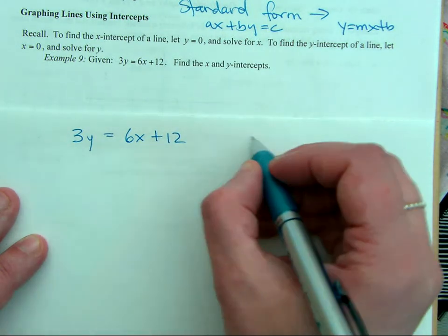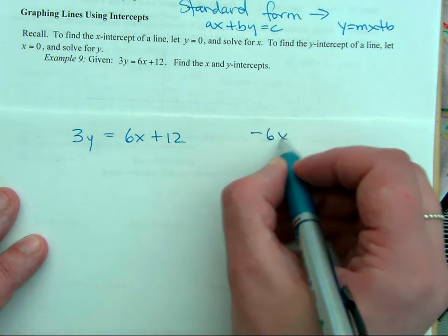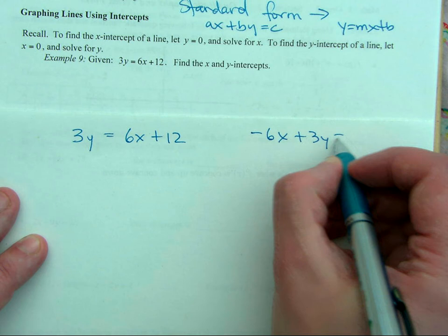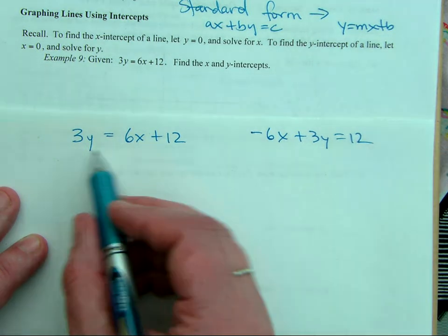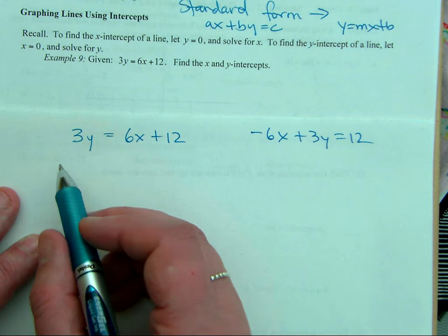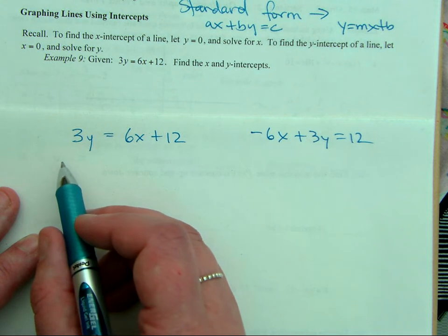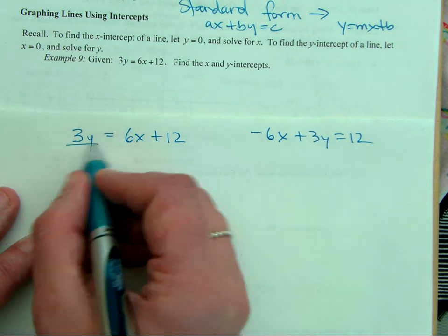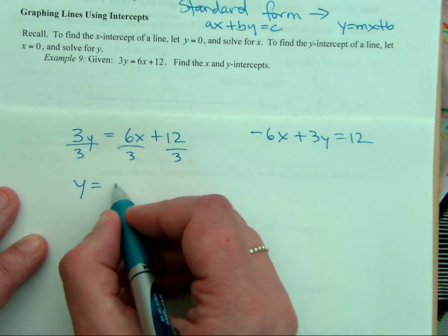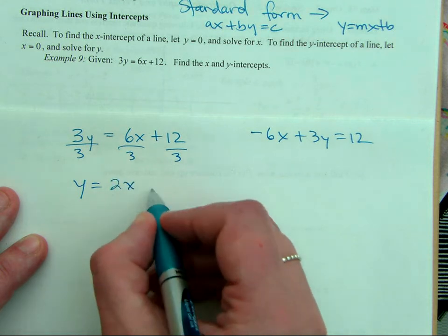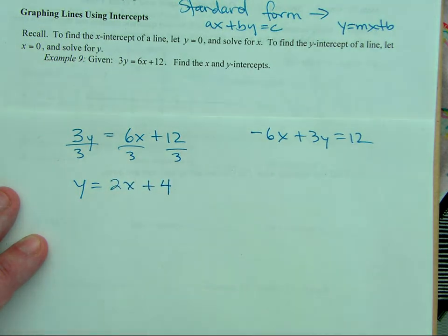This would be negative 6x plus 3y equals 12. That would be considered standard form. So what would I do with an equation like this if I wanted to get y by itself? I could divide both sides by 3, and I would get y equals 2x plus 4, correct?